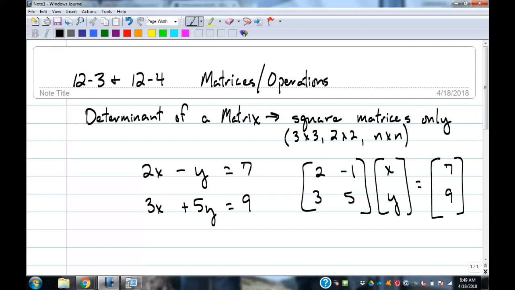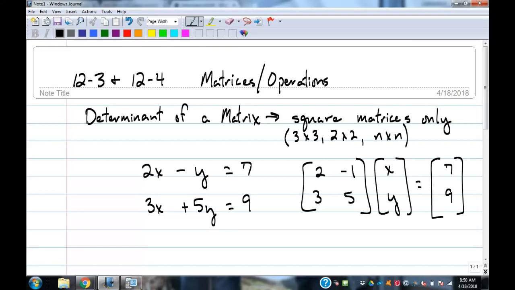The determinant of this coefficient matrix here decides whether or not that has solutions, or if you can solve that system, okay? And that's the property of a determinant. That's what it's useful for as far as matrices go.